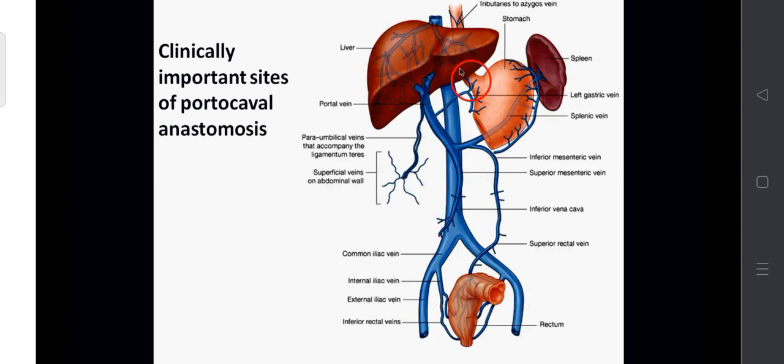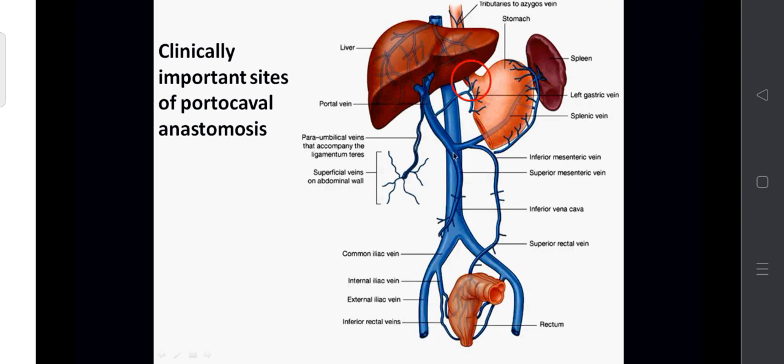So here esophagus is a site for anastomosis between the systemic and the portal veins. There is a free anastomosis between the veins which drain the blood from upper esophagus and lower esophagus.